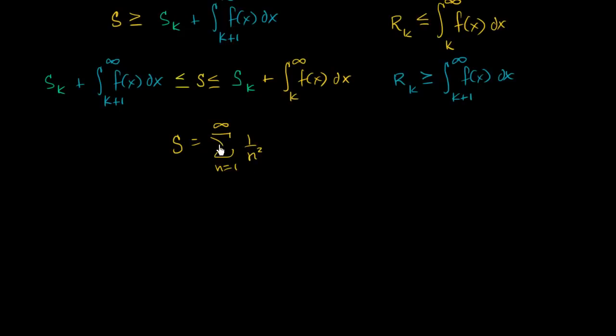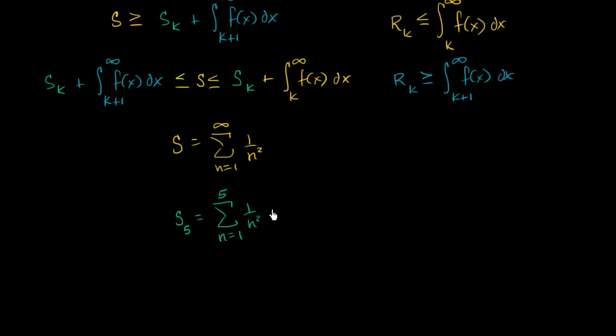And let's say we didn't know how to find the exact value here, but we want to estimate it using the first 5 terms. So s sub 5 is equal to the sum from n equals 1 to 5 of 1 over n squared.